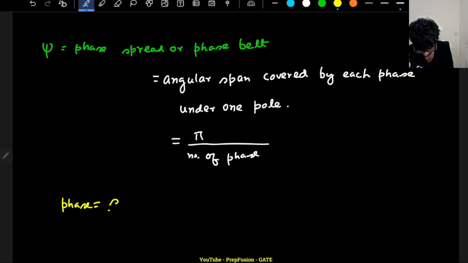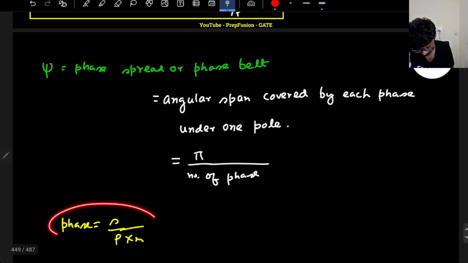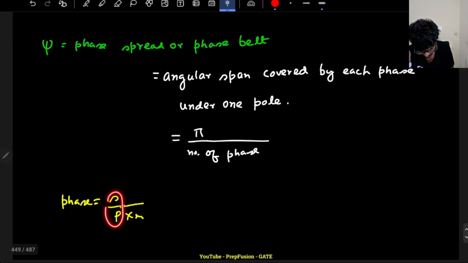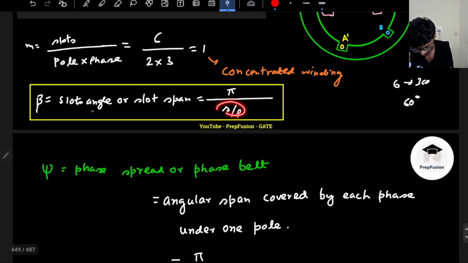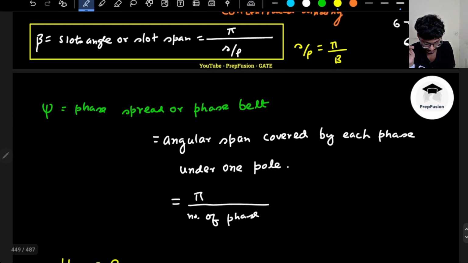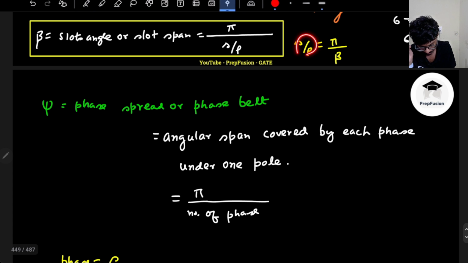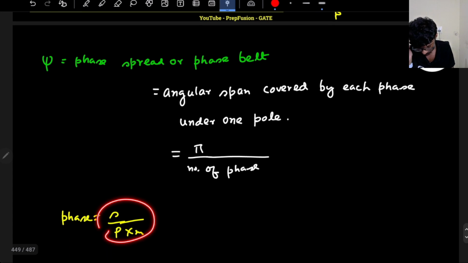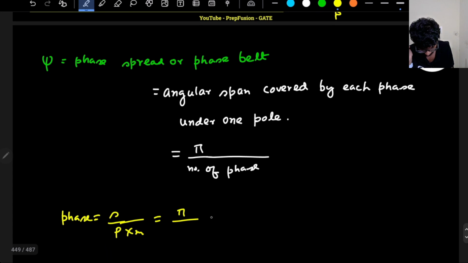This is my number of phases. And what is slots per pole? Slots per pole is equal to pi upon beta. So I will replace slots per pole here with pi upon beta.